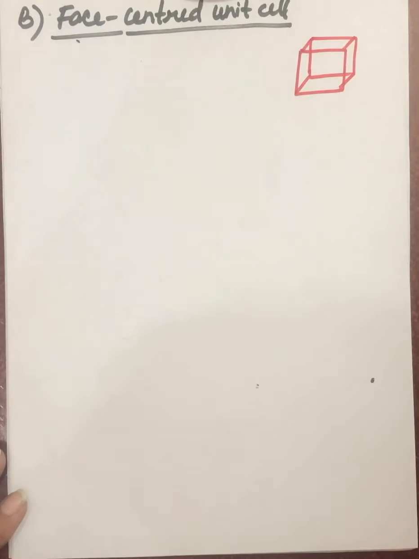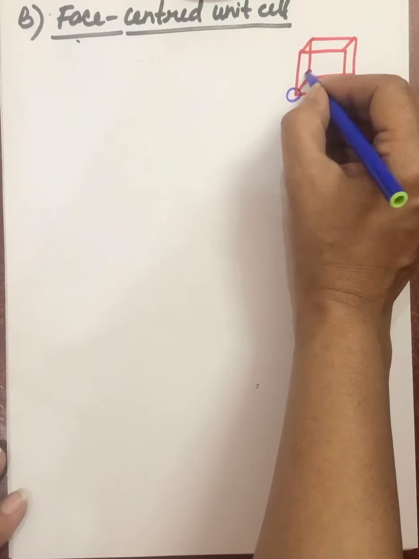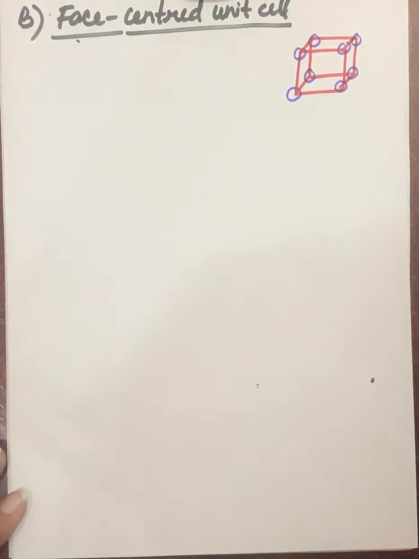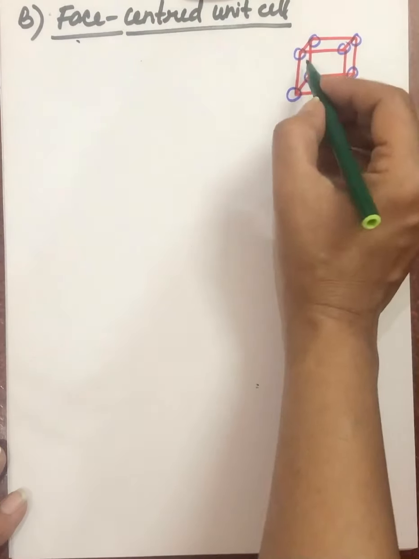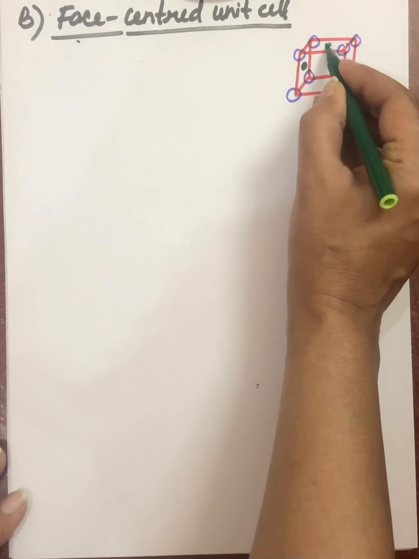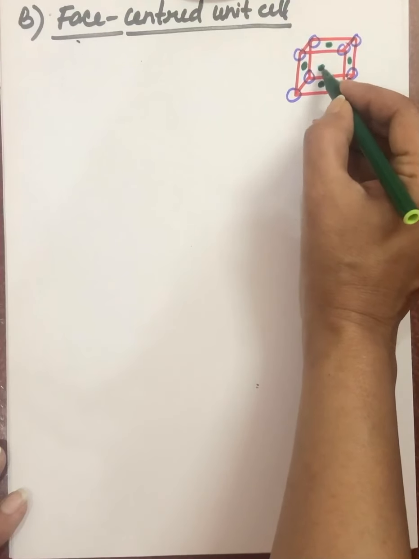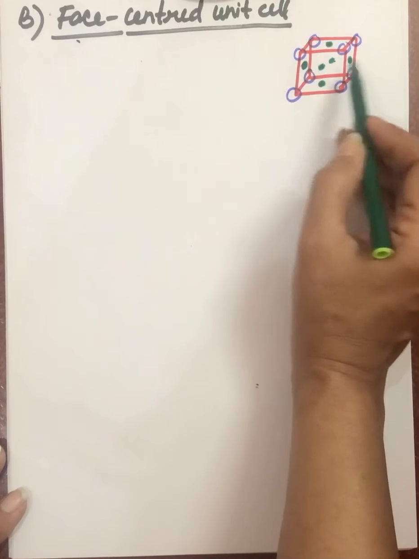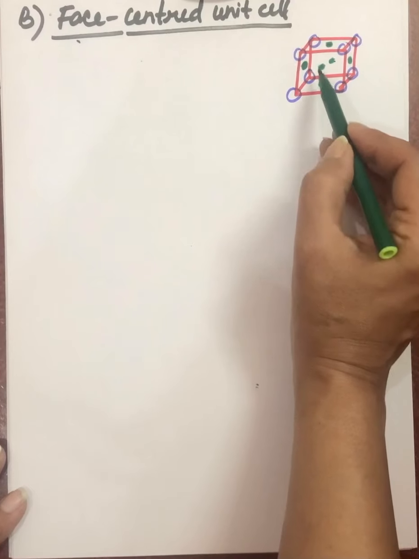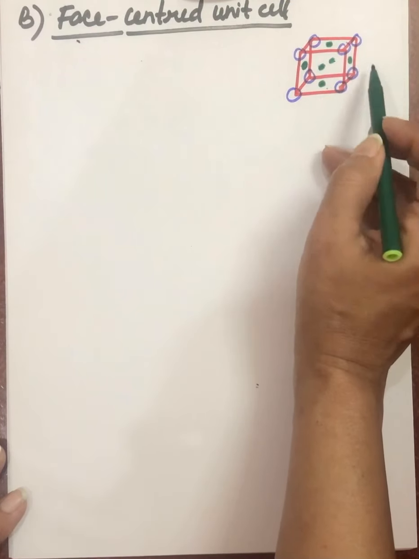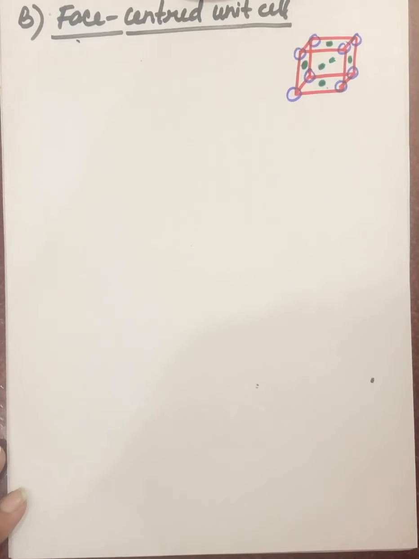Particles are present here, at the corners of this unit cell. But along with the corners, they are also present at the centers of faces of the unit cell. And how many faces are there? There are 6 faces in a unit cell. So 6 particles are here: 4 are these walls, 1 is this front one, 1 is this back one. So there are 6 particles at the face centers.